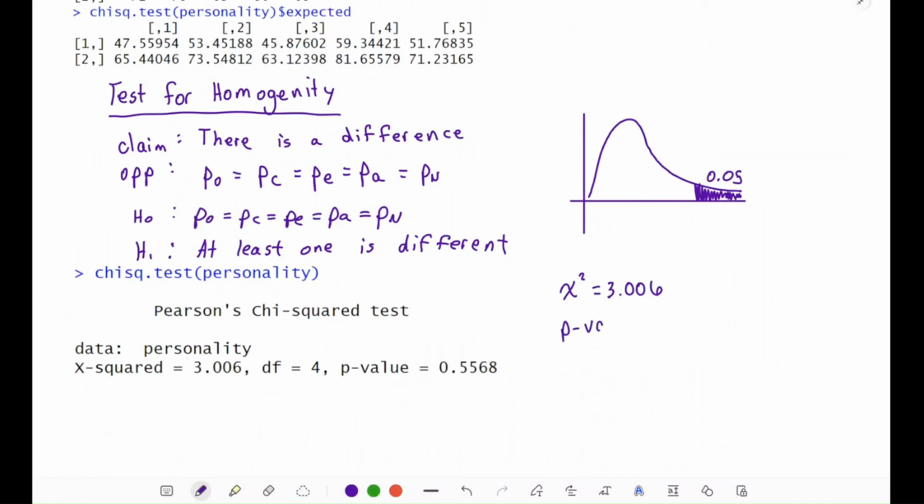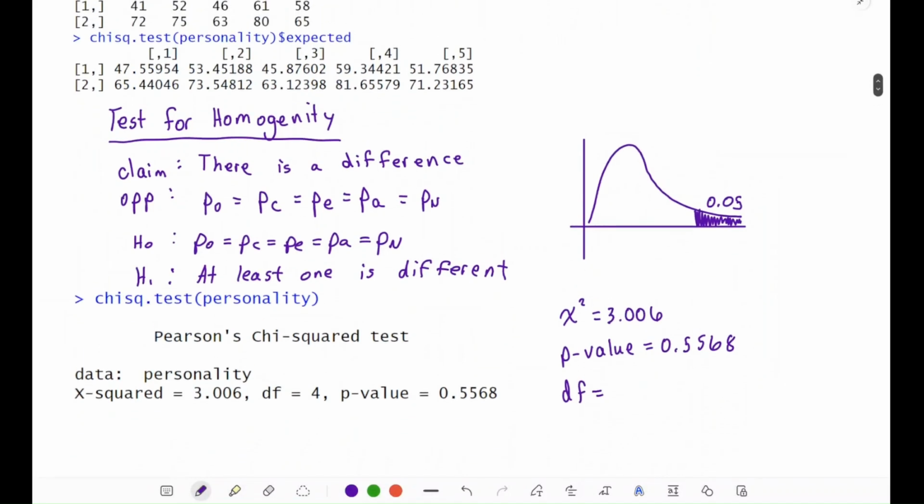The p-value is equal to 0.5568. The degrees of freedom, I know it's 4 because it's telling us in the code. But remember, it's the number of rows, so 2 minus 1 times the number of columns minus 1. So that would be 1 times 4, so 4. Just to double check that R is calculating correctly.